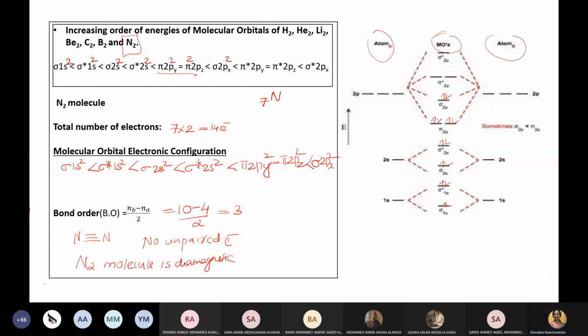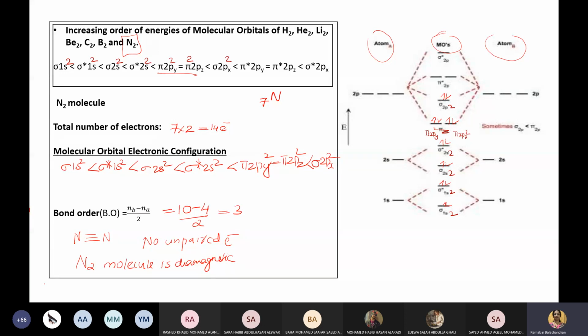Correct? Okay. So now here, look, 2, 4, 6, 8. Here we have 2, 2, and we have 2 here. So here this is pi 2p, pi 2p y2, pi 2p z2.